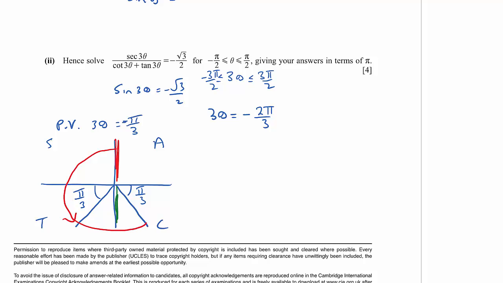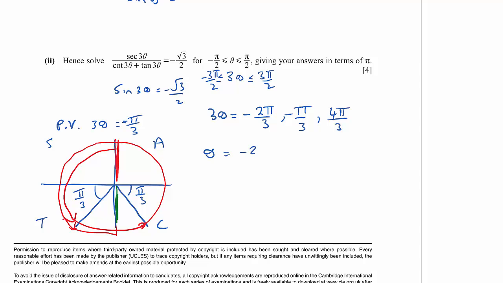Then we'll come and we'll get this one, which is at negative pi by 3. And then we're going to keep going. And we get to there, which is actually at 4 pi by 3. And then we get to the stop point. So we've just got those 3 solutions.